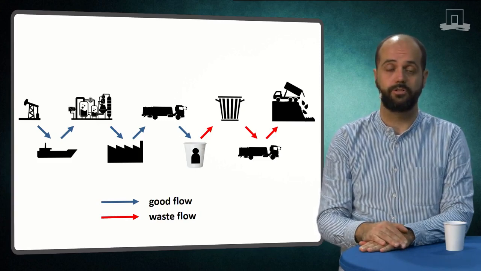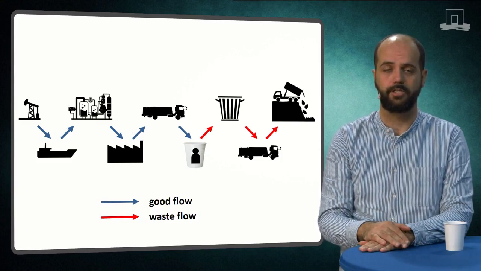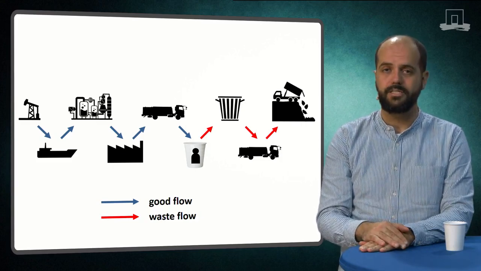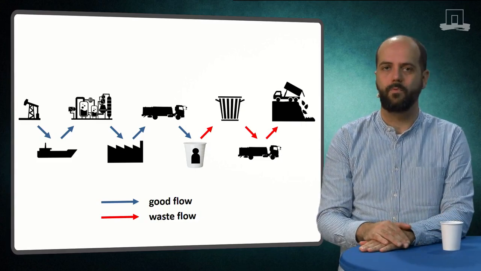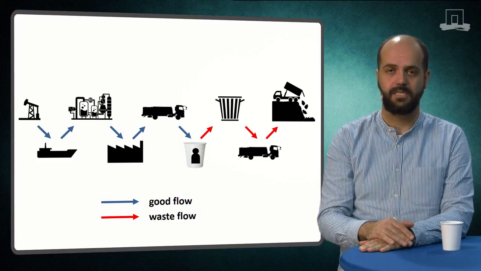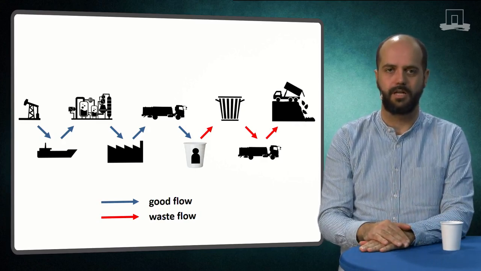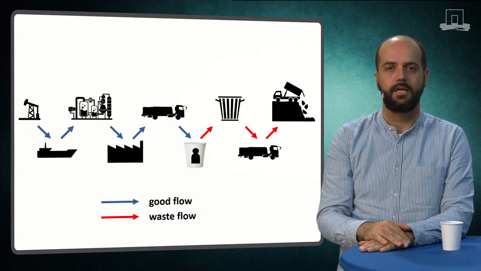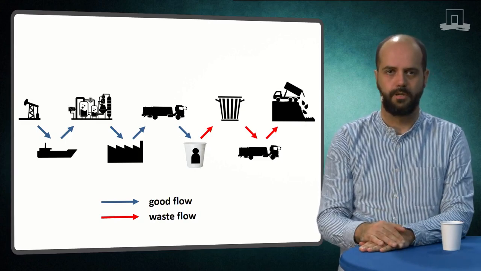The flow of crude oil to the refinery, the flow of polypropylene granulate to the cup manufacturer, and so on. Once the disposable cup has been used, we need to pay someone else to take it from us and dispose of it. From this point on, everyone involved in the life cycle is paid to take care of our waste. There is a waste flow.